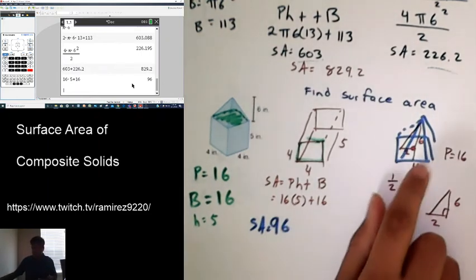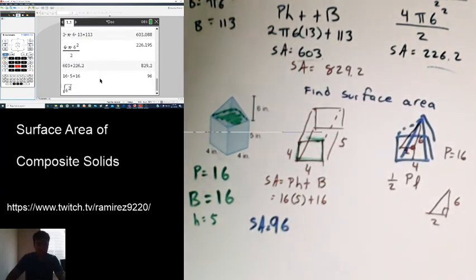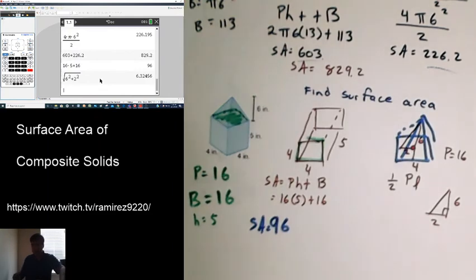And over here, I need to do Pythagorean theorem first to find my slant height and be able to calculate it. So 6 squared plus 2 squared. Again, we're adding because we are looking for the hypotenuse. So my slanted height is 6.3.